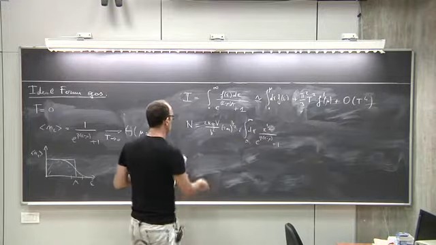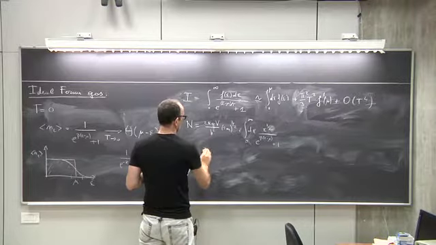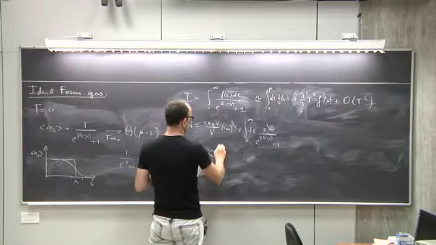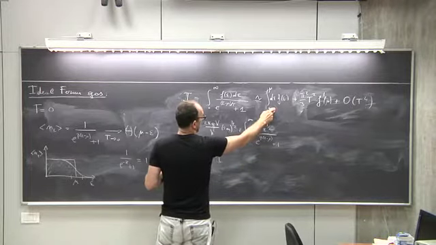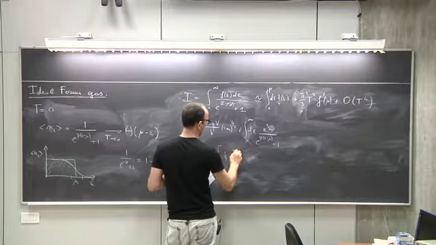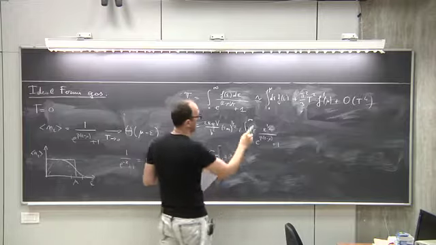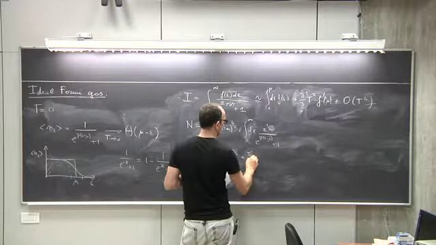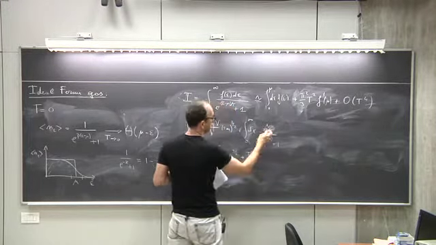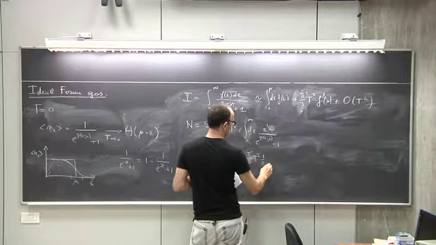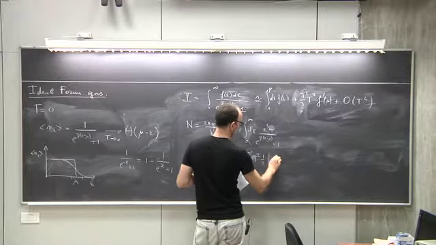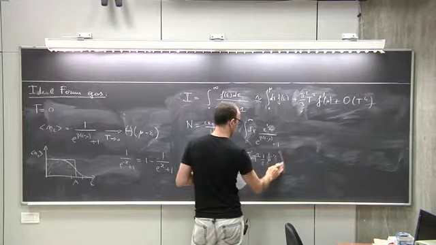So you will have precisely the same constant here, let me call it C, times this integral up to mu, which is 2/3 of mu to the 3/2 plus pi squared over 3 times t squared, and the first derivative is just 1/2 of 1 over mu to the 1/2. Okay.